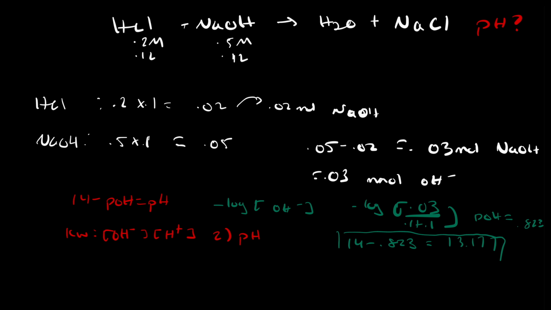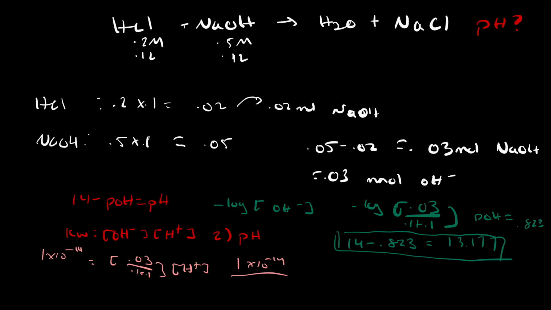So let's now do it the second way. Okay, now I'll do that one in pink. So we know Kw is 1 times 10 to the negative 14. That has to equal our concentration of OH minus, which is going to be 0.03 divided by 0.1 plus 0.1, times H plus. Again, we can rearrange this formula here to get 1 times 10 to the negative 14 divided by 0.03 over 0.2. I just simplified our concentration of OH minus there.